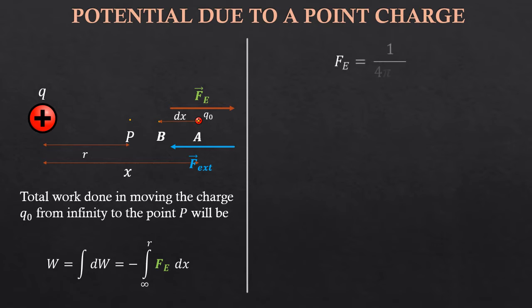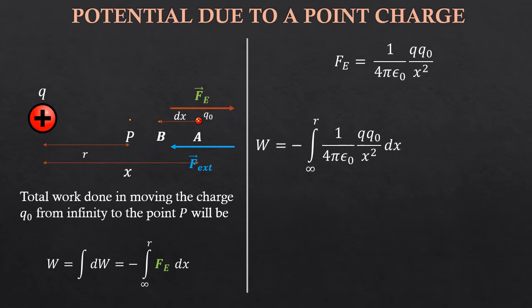We already know the expression for Fe, that is given by 1 by 4 pi epsilon naught Q Q naught divided by x square. It is the electrostatic force between two charges Q and Q naught separated by a distance x. If you substitute this value Fe in the integration, we will get W is equal to minus integral infinity to R 1 by 4 pi epsilon naught Q Q naught divided by x square into dx.